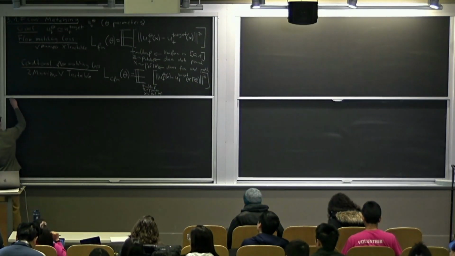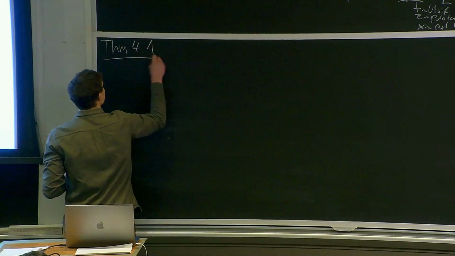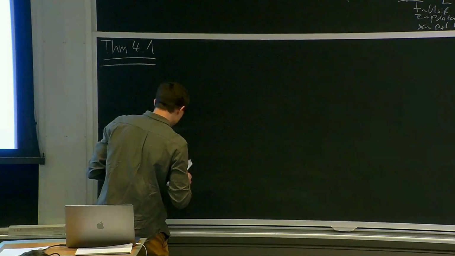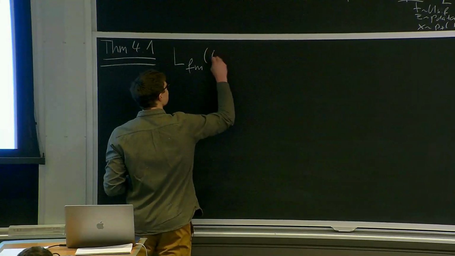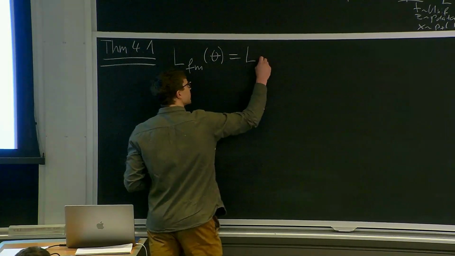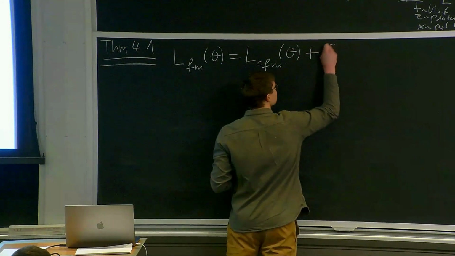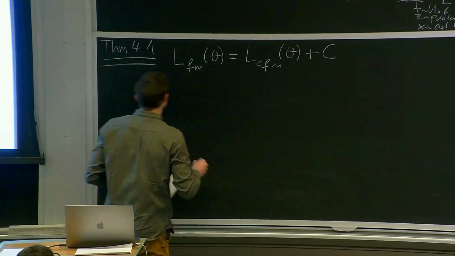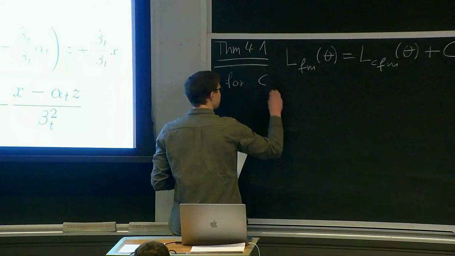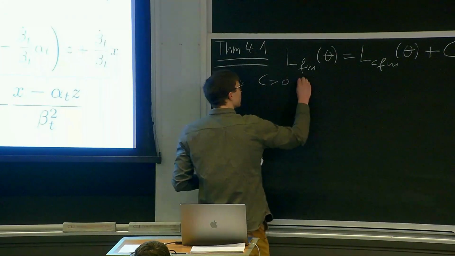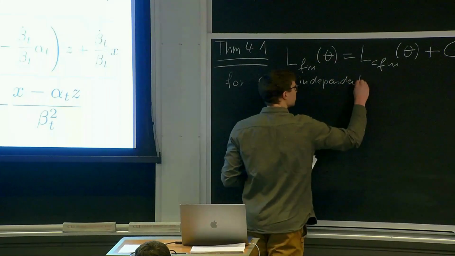So the theorem of today is: the flow matching loss equals the conditional flow matching loss plus a value c, but this value c is a constant, or is independent of theta.